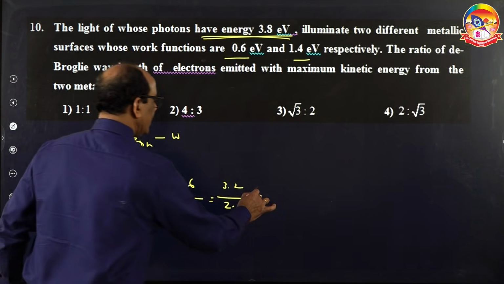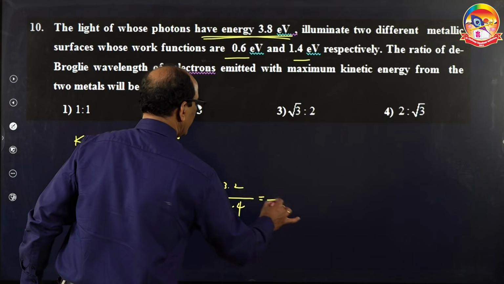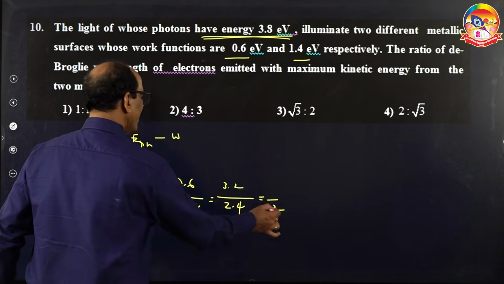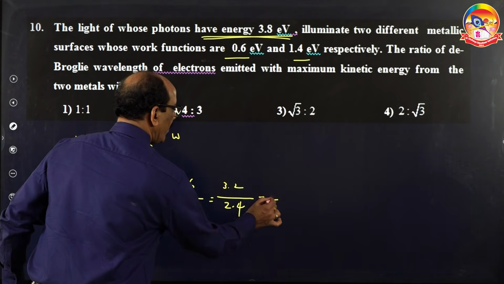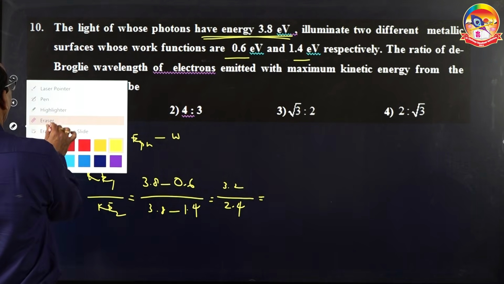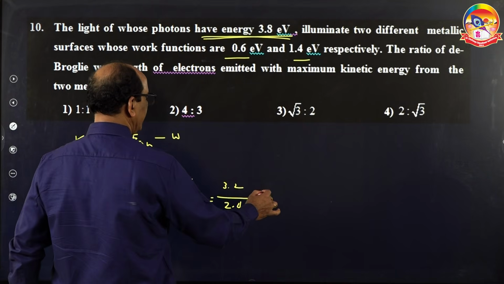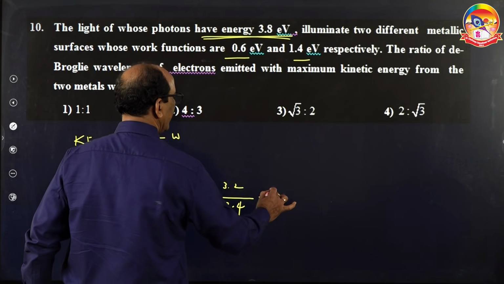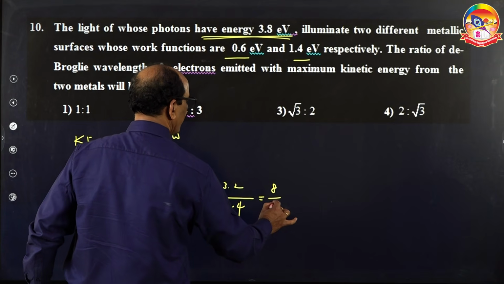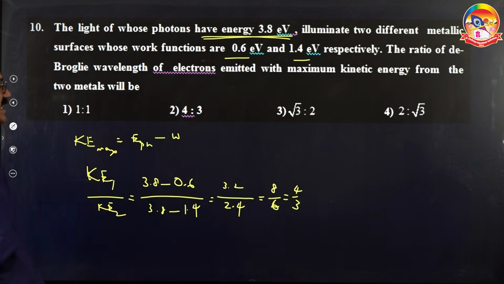That happened to be 32 by 24, which is 4 by 3 rather. So this is the ratio of maximum kinetic energies.